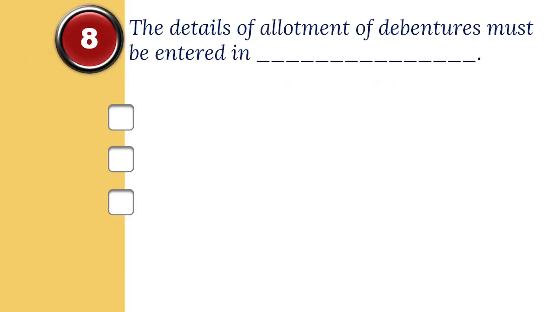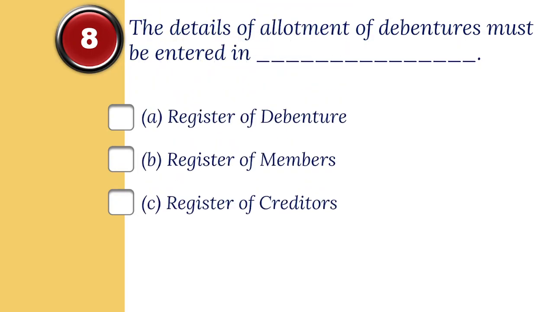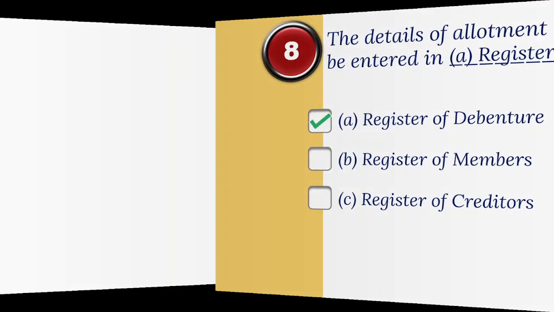8. The details of allotment of debentures must be entered in dash. The options are A. Register of debenture, B. Register of members, C. Register of creditors. And the correct option is A. Register of debenture. 9.